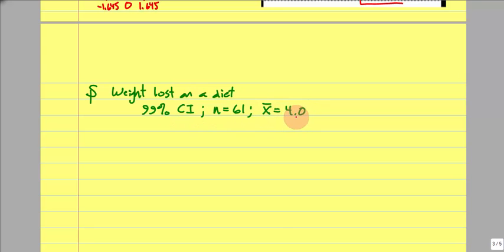So this would be pounds lost on a diet, 4.0. And then our last one would be our sample standard deviation is 5.2 pounds. Okay, so what we're looking at here then is sigma is unknown. So if sigma is unknown, but my sample size is large enough, then that means I can use the t distribution. Okay, so from this information, this implies that I can have the t distribution.